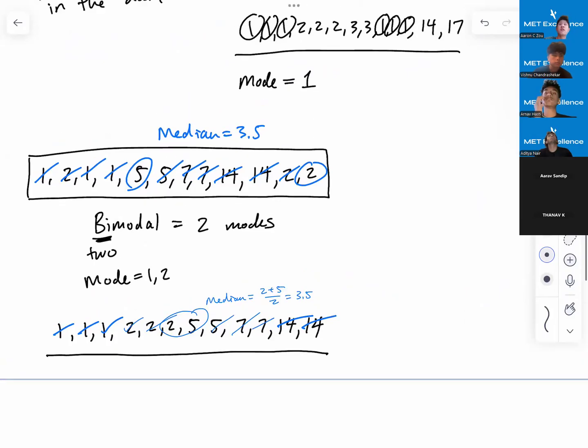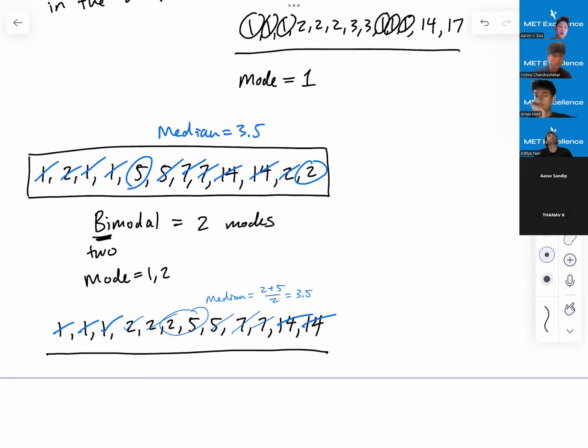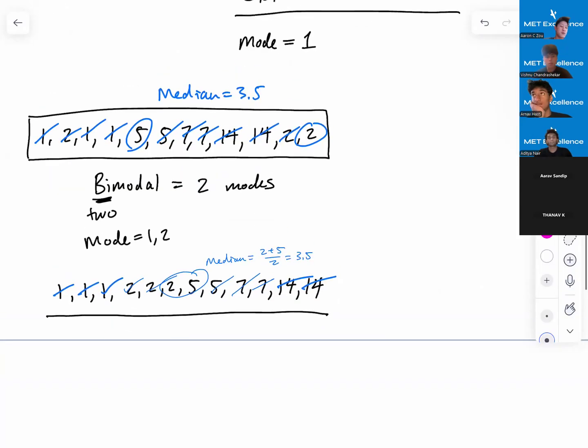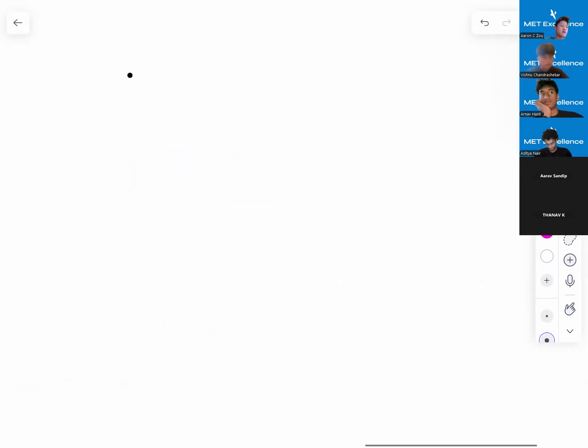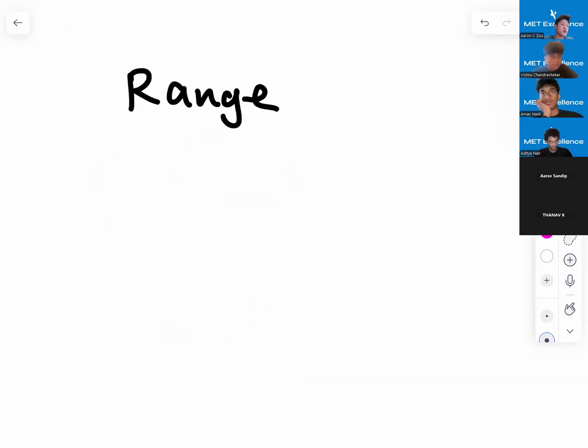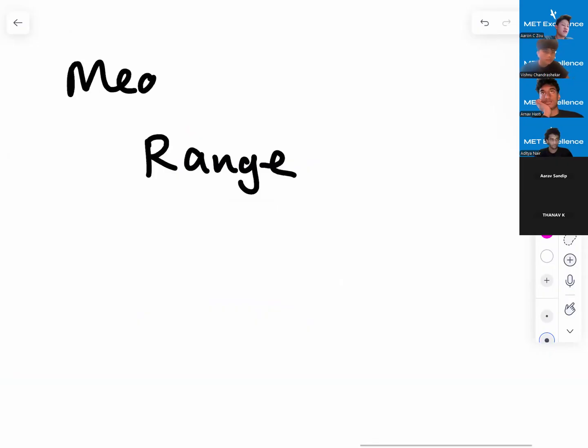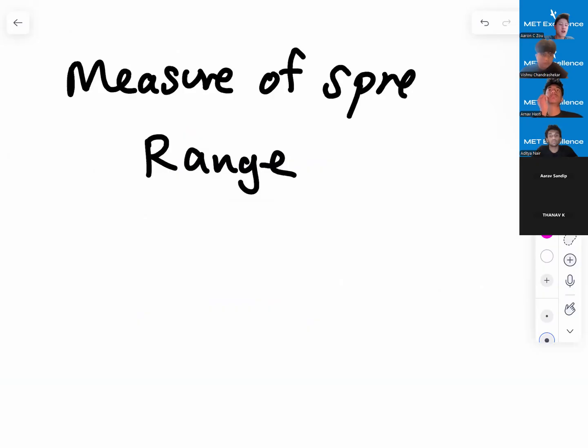Okay, perfect. Now we only have one more measurement to go over, and this is something called the range. So the range is a measure of spread, or how spread out the data is.